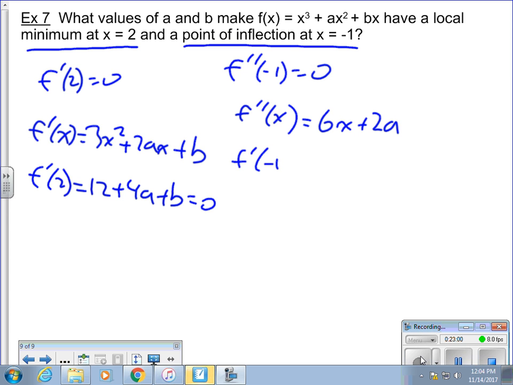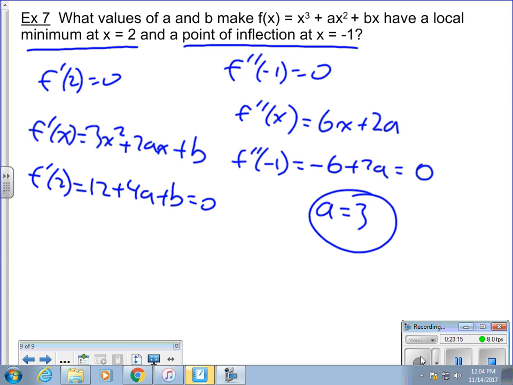F double prime of -1 is -6 plus 2a, and that's equal to 0, which means that a equals 3. Plug a in here and solve for b. So 3 times 4 is 12, so b equals -24.